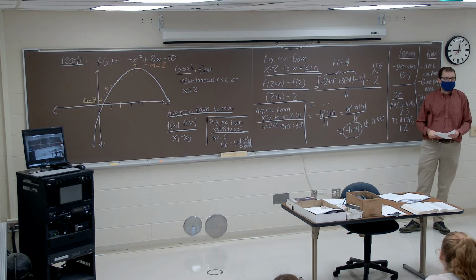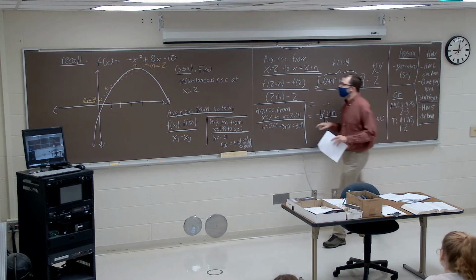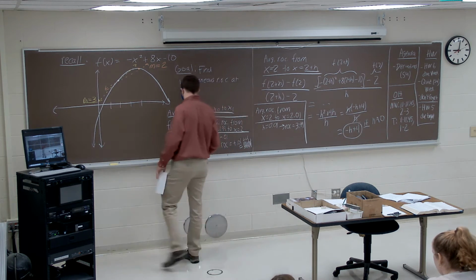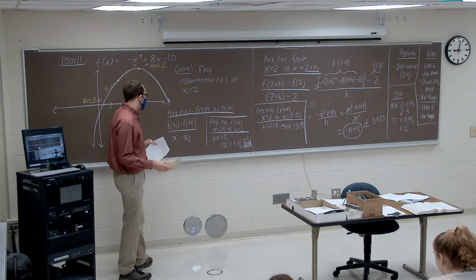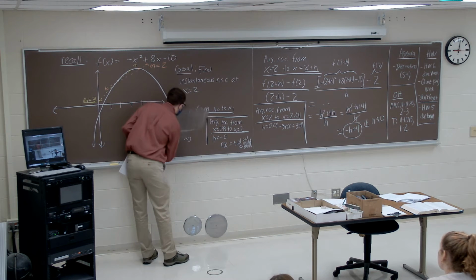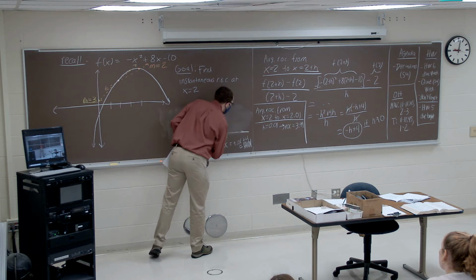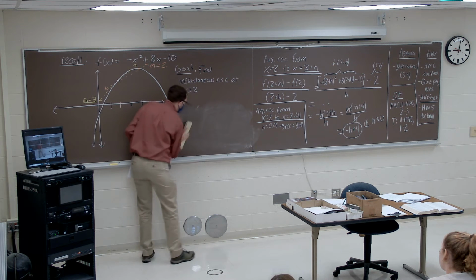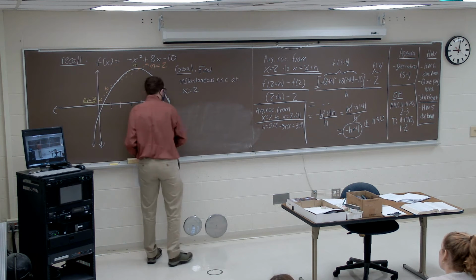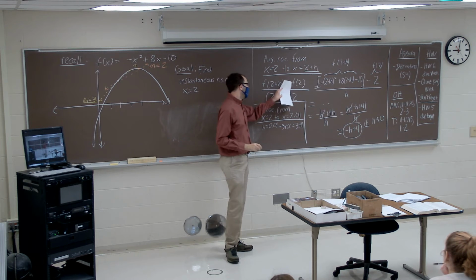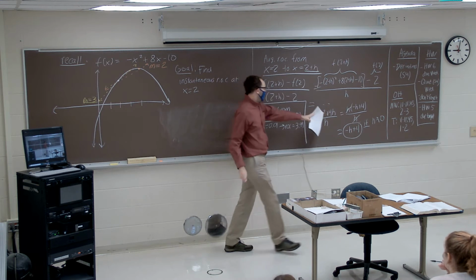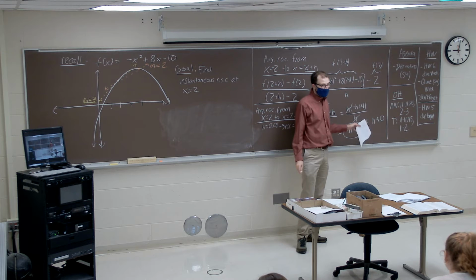So here's what we're going to have to do. In order to calculate instantaneous rate of change at x equals 2, we can't actually plug in h equals 0 into this expression by itself.